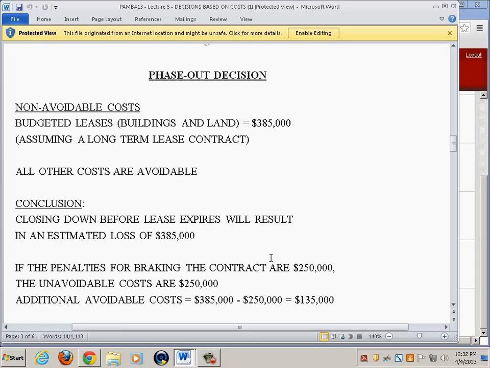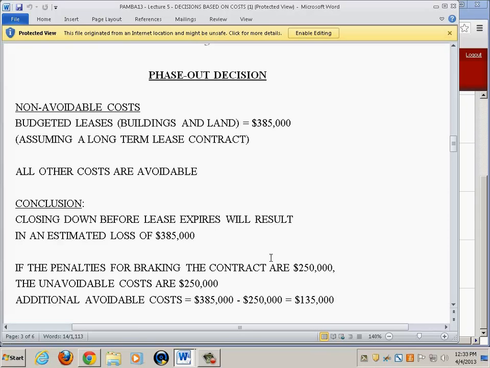The unavoidable cost is not anymore $385,000, but the unavoidable cost is $200,000, because you can get out of the contract just with a penalty of $200,000. So you have to do the analysis by taking out only $200,000. You'll still find, under these set of circumstances, that it still pays to continue to operate until the end of 2013.